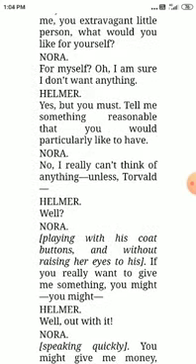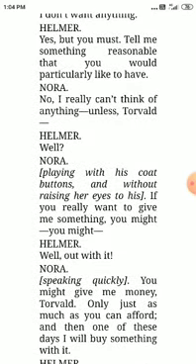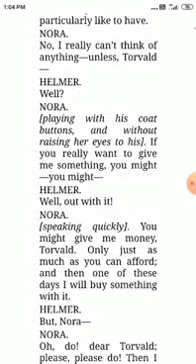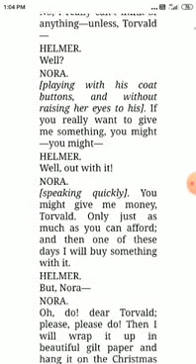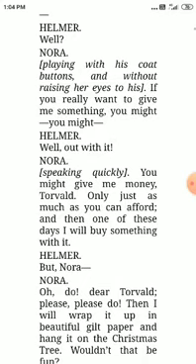Helmer: Well, Nora? Nora, playing with his coat buttons and without raising her eyes to his: If you really want to give me something, you might. Helmer: Well, out with it. Nora, speaking quickly: You might give me money, Torvald, only just as much as you can afford, and then one of these days I will buy something with it.